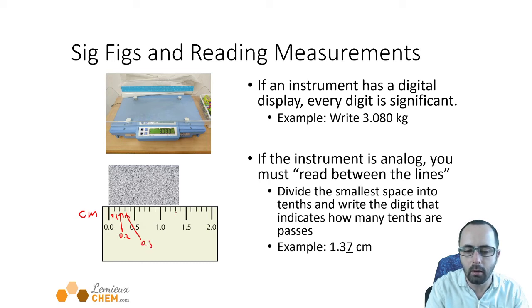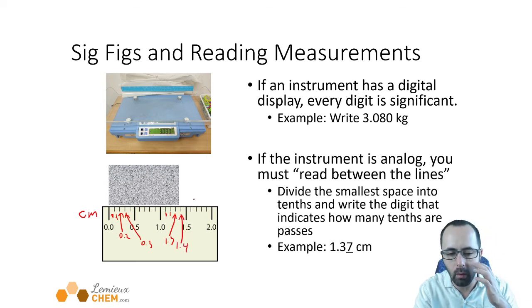So right here we have 1.0, 1.1, 1.2, this one's 1.3. So this one is 1.3, and this one right here is 1.4.